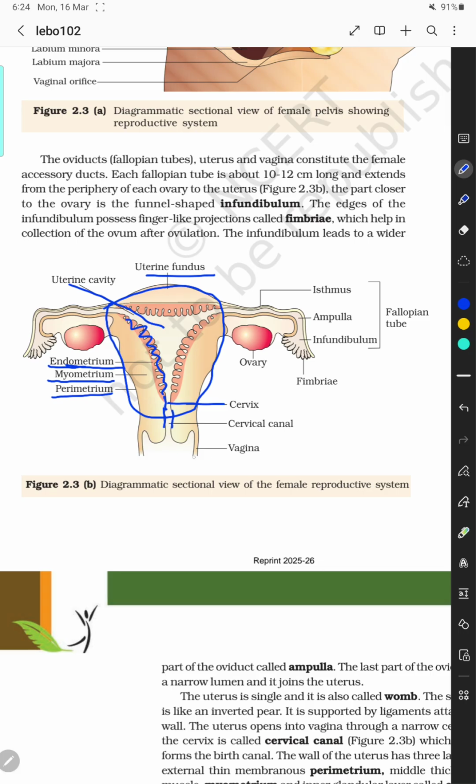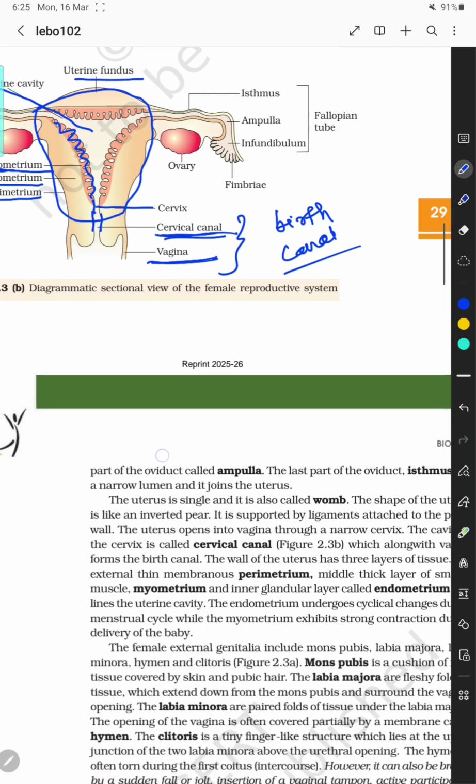The cervical canal and vagina together constitute the birth canal. Very important: the cervical canal and vagina together constitute the birth canal, and they help in parturition or childbirth. The uterus is also known as the womb, that you must know.